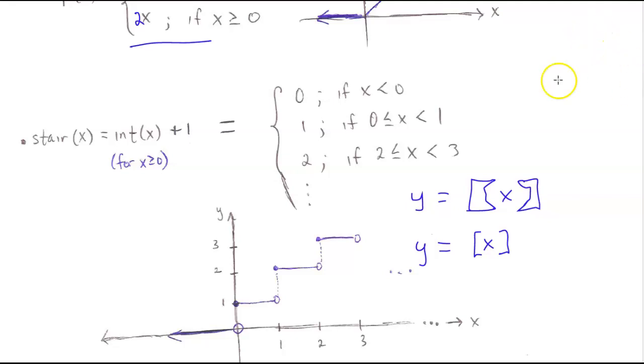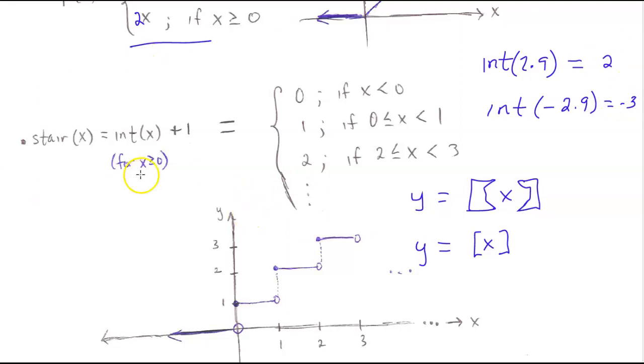So for instance, if I had integer of 2.9, the answer would be 2, because rounding down to the closest integer for 2.9 gives 2. Whereas if I said integer of negative 2.9, then that would round down to negative 3.